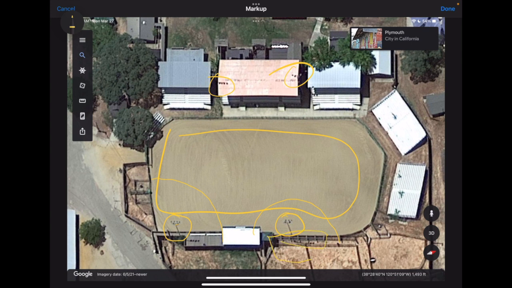This light here is going to be pretty good for the rough stock. This light here is going to be okay for the beginning of the roping runs. These lights right here are pretty far away, and it's only going to be something like this, right? So this middle part of the arena is getting way, way less light than all the other parts are.